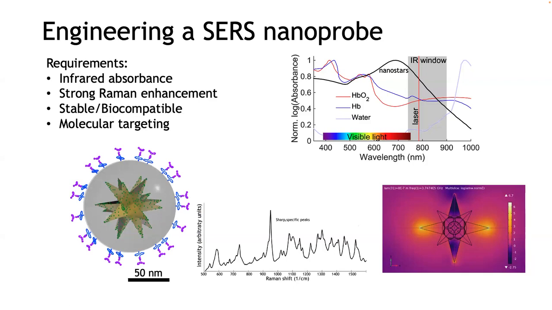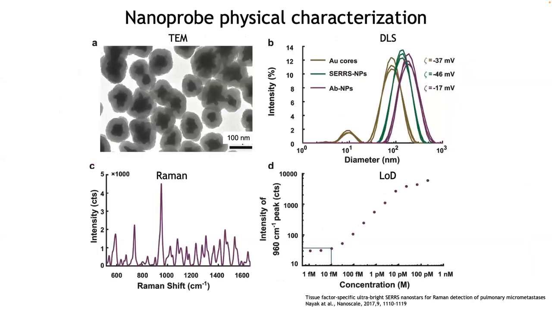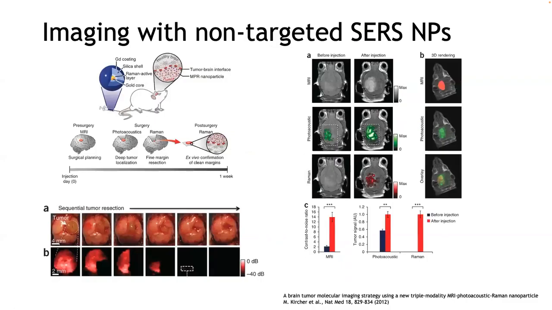So this is the philosophy of how you do it. This is what they look like. They look like stars encapsulated in nice spheres. They have a pretty good characterization, limit of detection in the 10 femtomolar or so. And we can use these nanoparticles even without targeting. They home to cancer. This is a classic paper from 2012, published by the late Dr. Kircher.